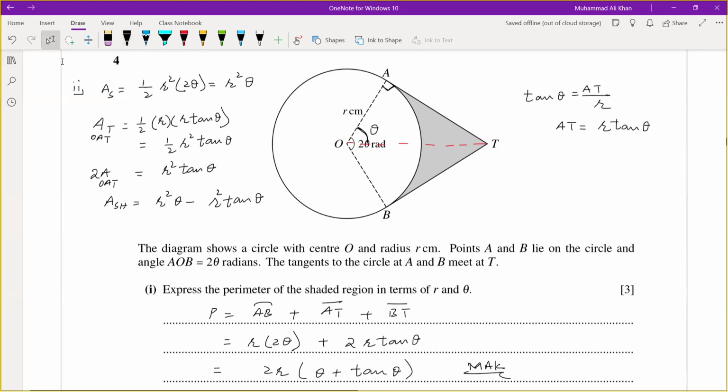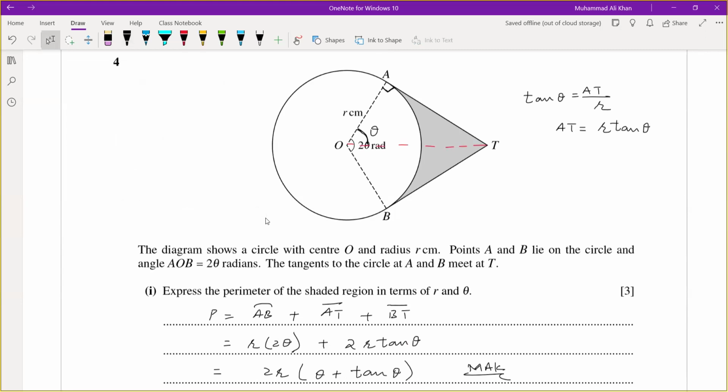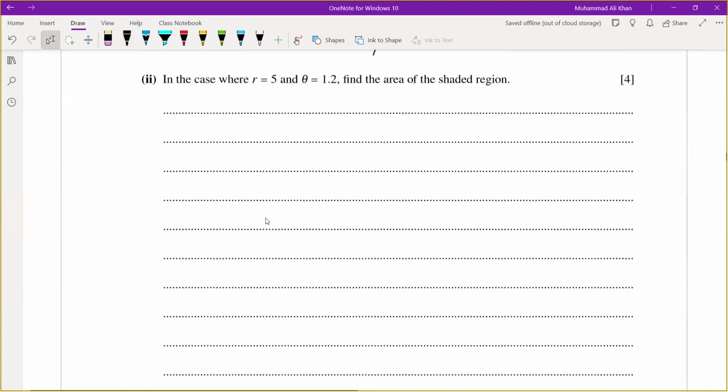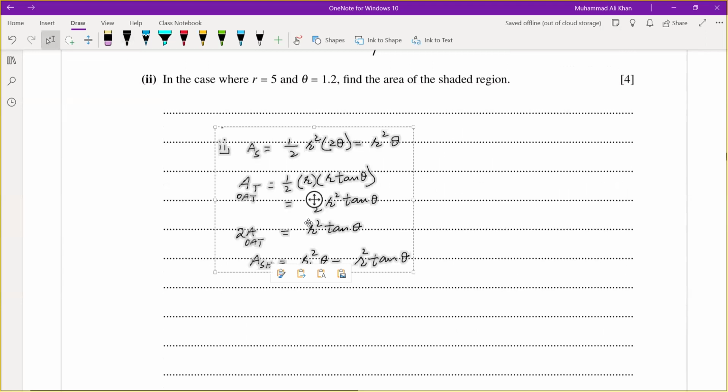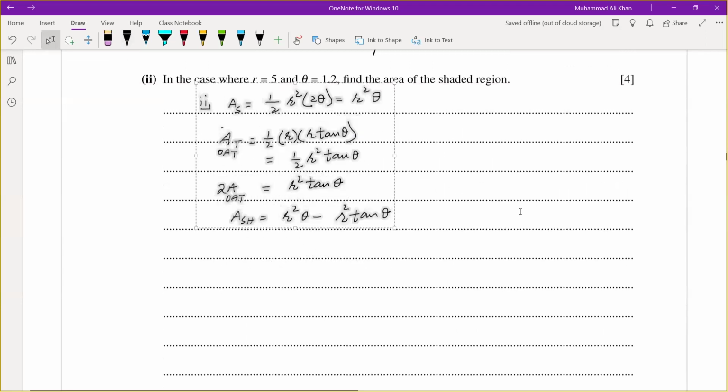Now, after finding out the area of shaded portion, replace the given values of r and theta. r squared common, theta minus tan theta.